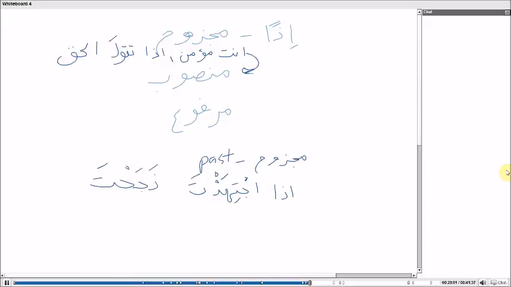Okay, this ta is not the same as the mansoob. This ta is the anta, the pronoun anta, you. So here we have it majzoom. إذا اجتهدت, if you would have put in effort, you would have been successful. So we see here, this one, إذن, can go before a past tense verb as well, right?